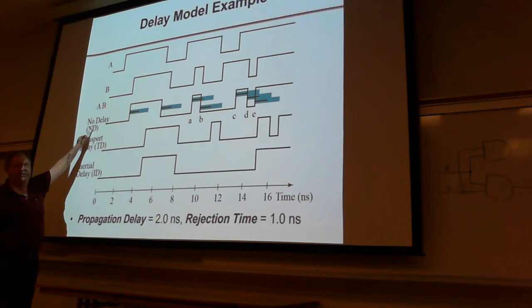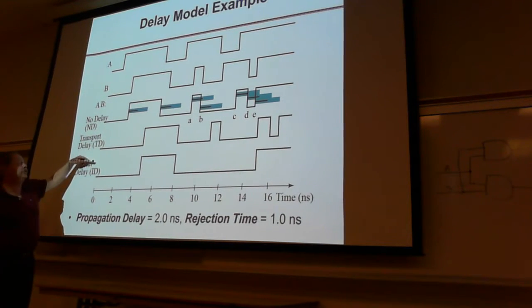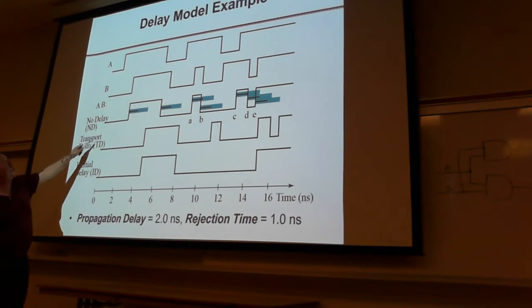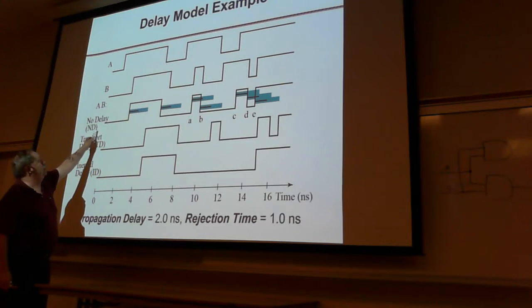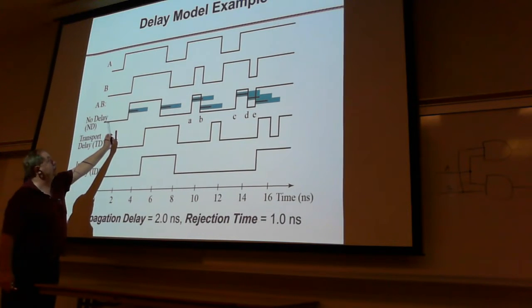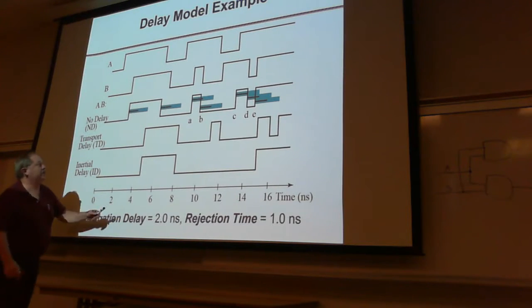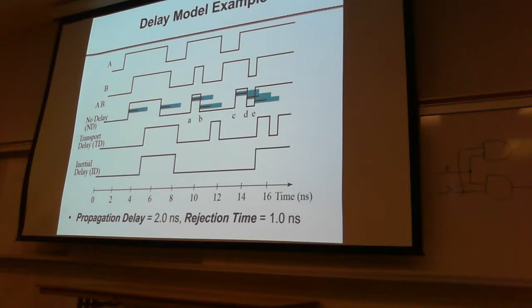Okay, and it's useful because we can use this to help talk about why these other delays are important, such as the transport delay and inertial delay. Okay, so let's see what happens. A switches, B switches, with no delay, we instantly switch. Okay, what we are talking about in this particular diagram here, what these lines here are showing you, are the two delays.